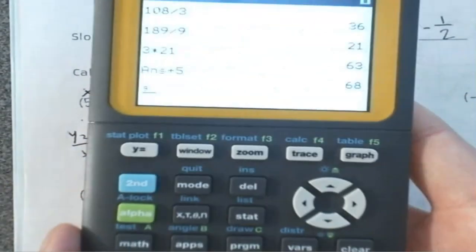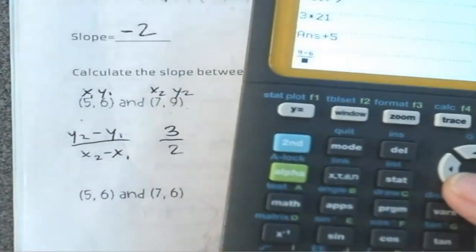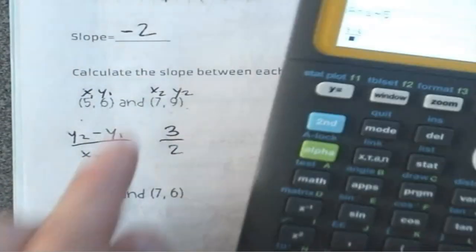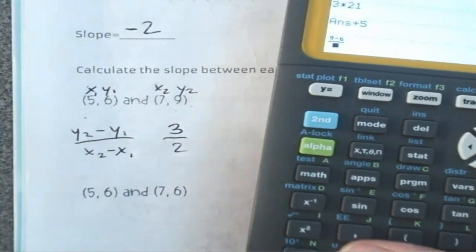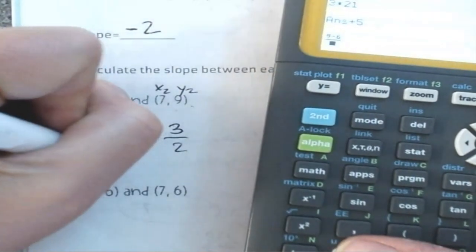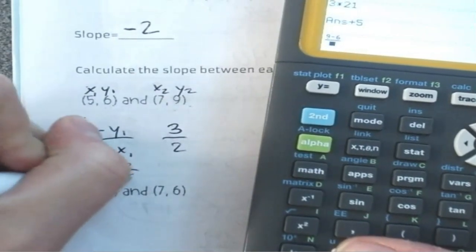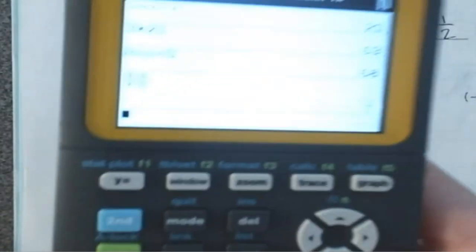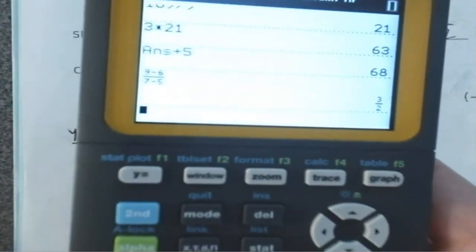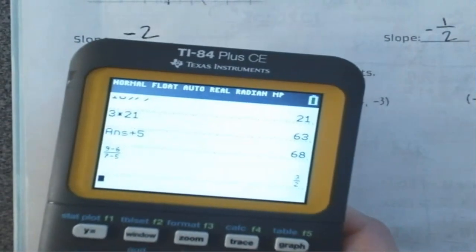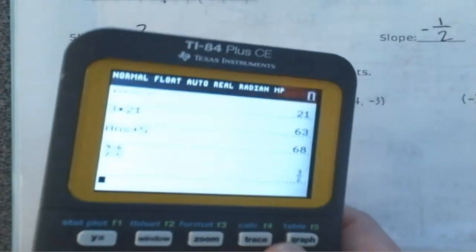So 9 minus 6, because my y2 is 9. 9 minus 6 over 7 minus 5. So the difference between the y's and the x's, 7 minus 5. And it gives you the same answer right there, 3/2. And the nice thing is the calculator also simplifies the fraction for you. It does it automatically.